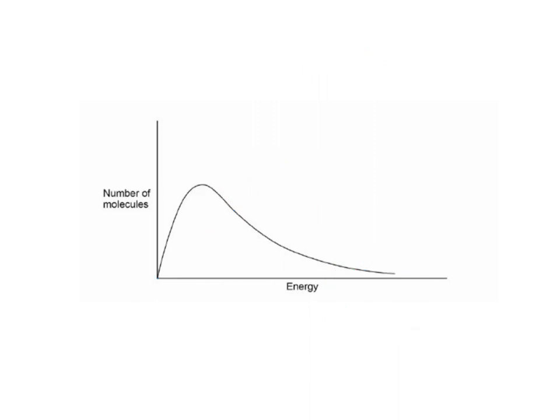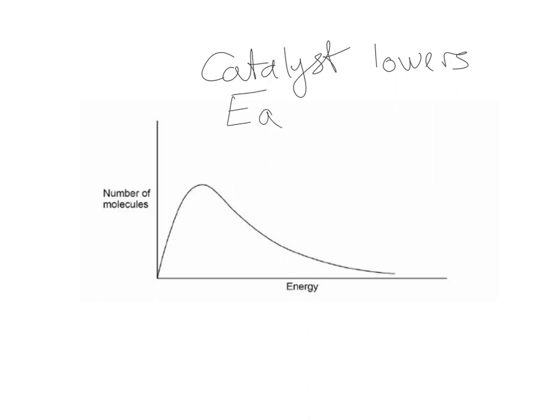So this time, let's think about a catalyst. Now we know a catalyst lowers the activation energy. Okay, so let's start with our original line. So this is our original. So we've got EA in black without a catalyst, and let's use the red for EA with catalyst, and we'll see what happens.